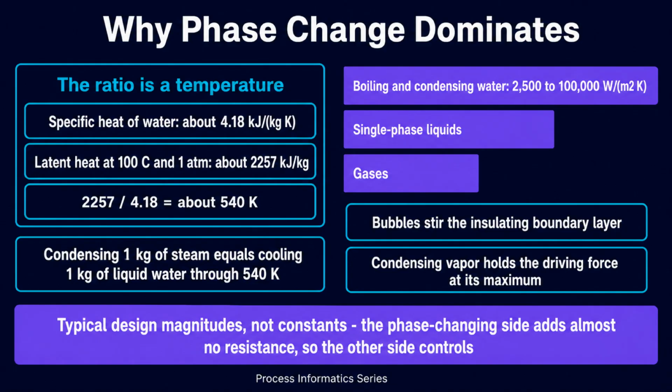Bubbles growing and detaching stir the boundary layer that otherwise insulates the wall, and condensing vapor gives up its latent heat at constant temperature, holding the driving force at its maximum along the whole surface. So the phase-changing side adds almost no resistance, and the other side, or the fouling layer, controls the exchanger.